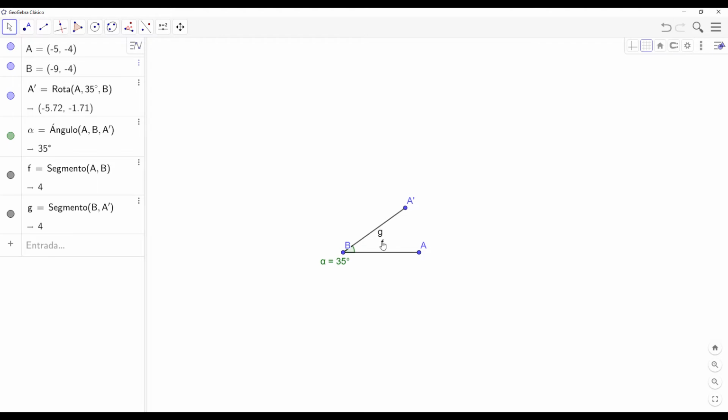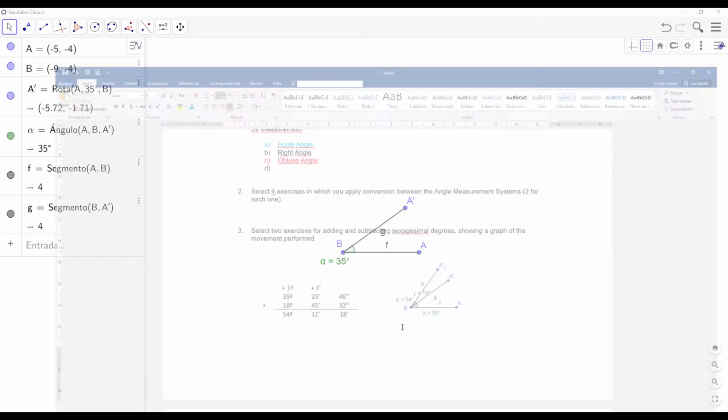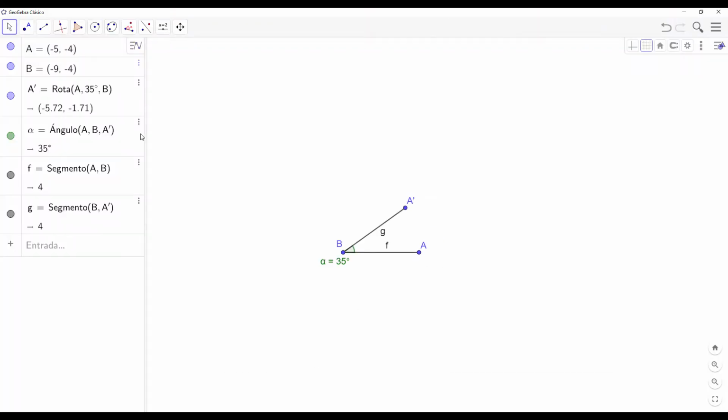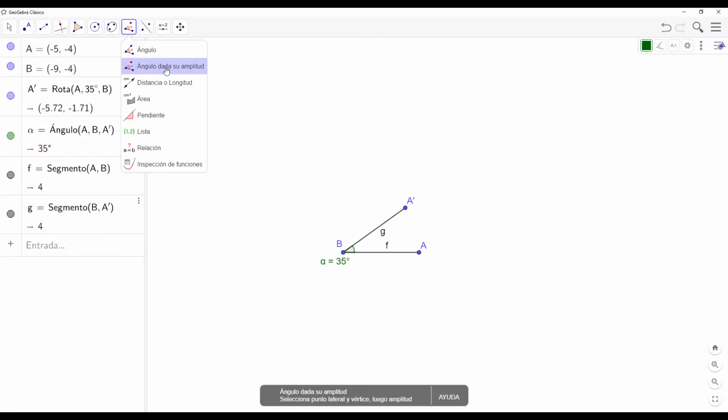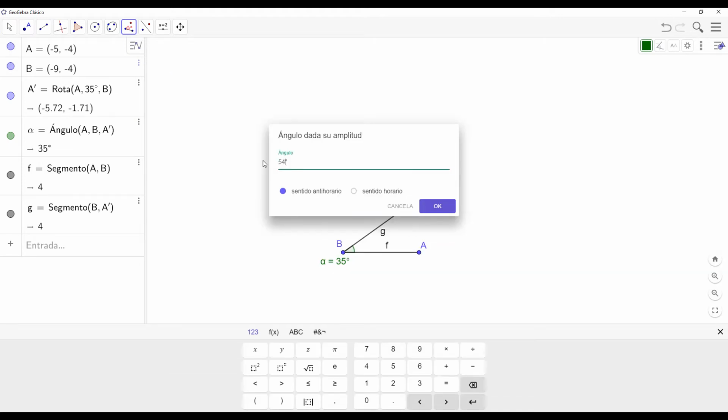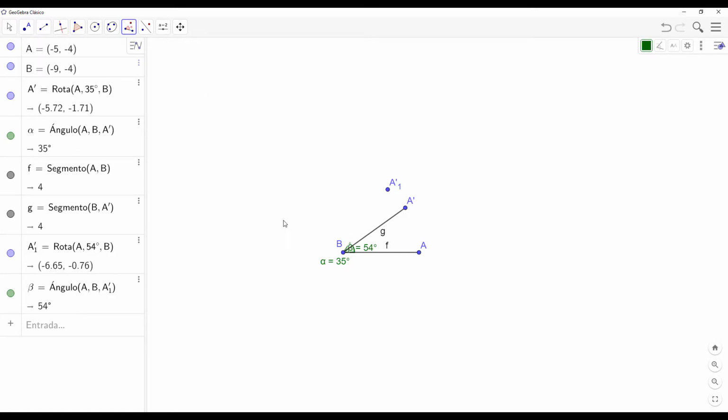This is the first angle, and you need to add 19, 54.